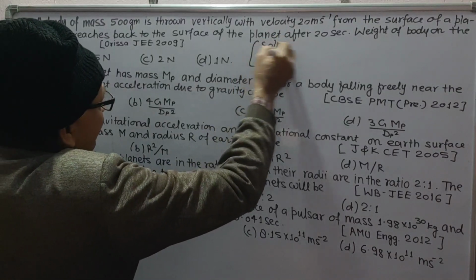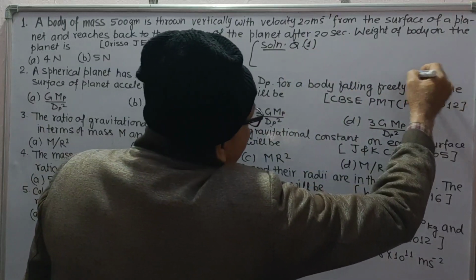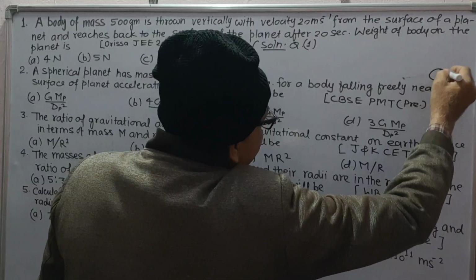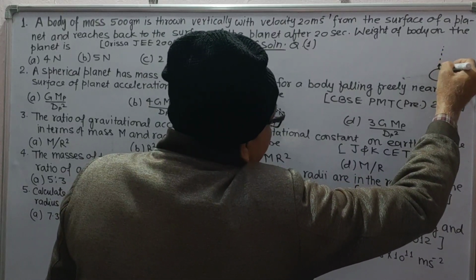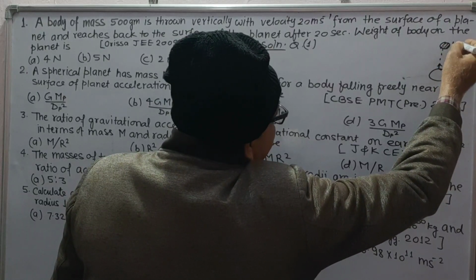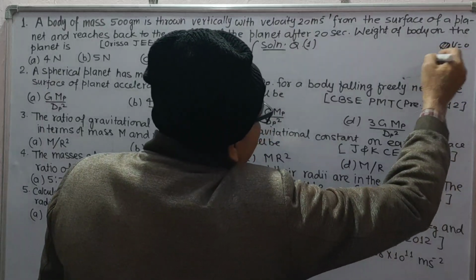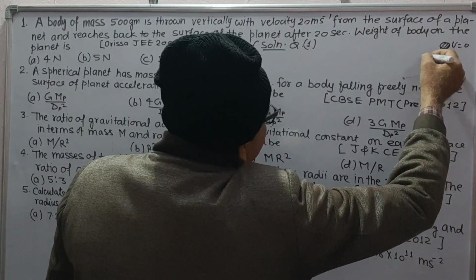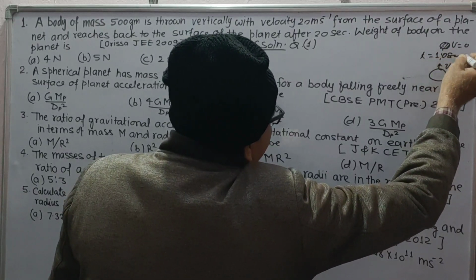Solution to question 1. Suppose this is the surface of the planet. From this, the body is thrown with initial velocity u and reaches the greatest height where velocity becomes 0. Total time in going and coming back is 20 seconds, therefore time for one side will be 10 seconds.